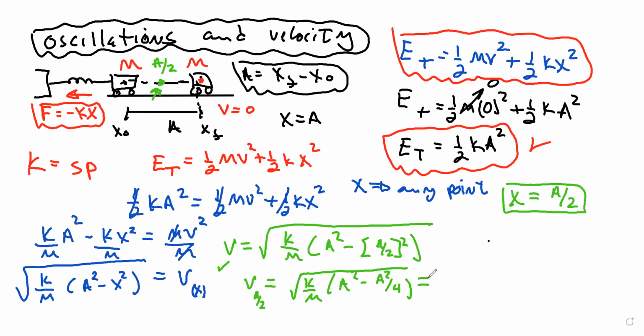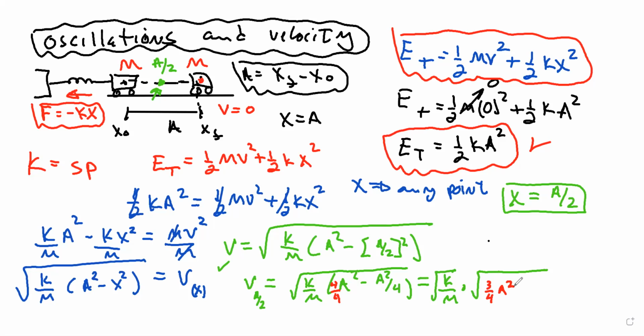That's going to be equal to the square root of k over m times the square root of 4 divided by 4 minus 1 divided by 4, which gives you 3 over 4 A squared.